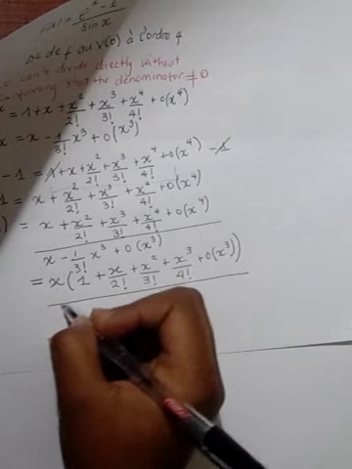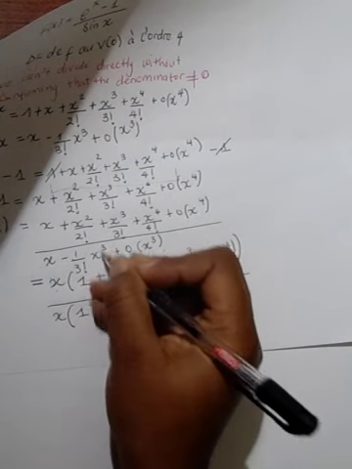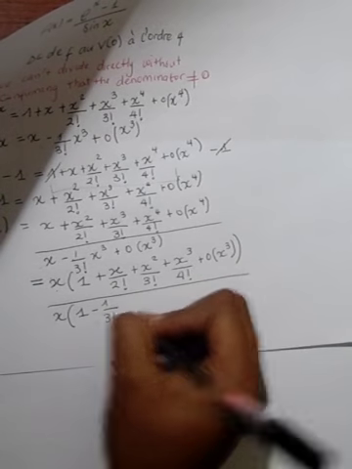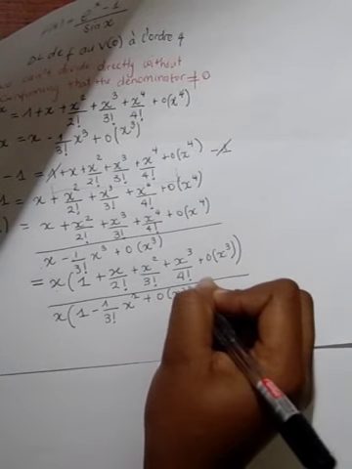And factoring out this, we have x times 1 minus 1 over 3 factorial x raised to the power of 2 plus petit o of x raised to the power of 2.